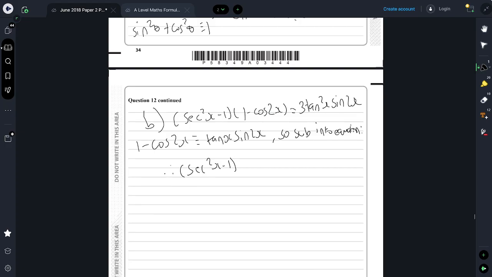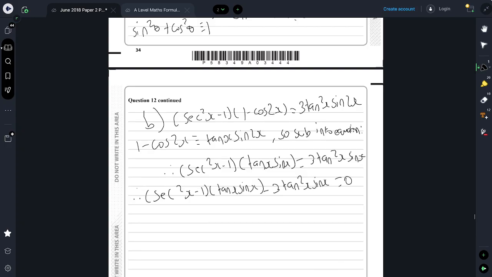We can just directly substitute it in and see what happens. Tan x sine x is 3 tan squared x sine x. You should notice we have common terms on both sides, so let's move everything to the left. Minus 3 tan squared x sine x equals 0.